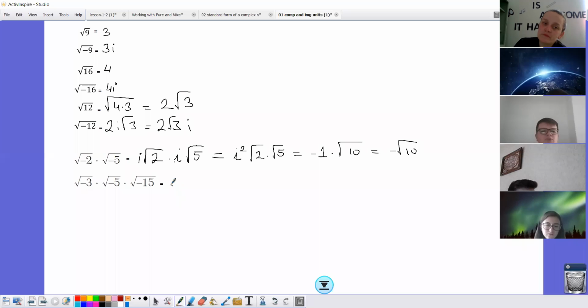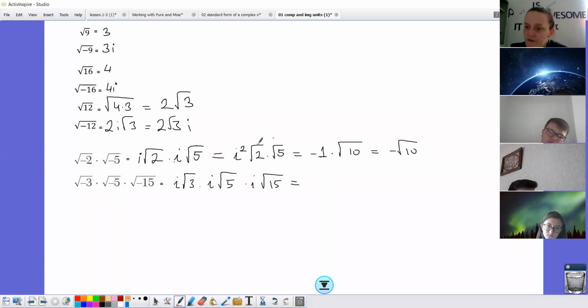Taking the i's out, I have i root 3 times i root 5, which gives i root 15. But in this case, I have i times i, which will be i squared, which is minus 1, so we will have a negative number in the end.